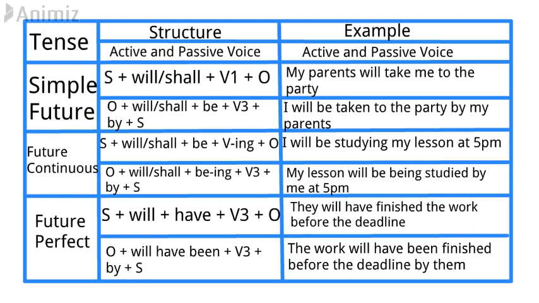So students, with the help of the structure and examples, read one by one each and every sentence of simple future, future continuous and future perfect tense and try to understand what changes have been made between the sentences, compare them and practice regularly, so that it will be easy for you to understand it well.